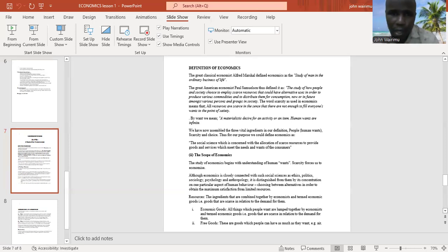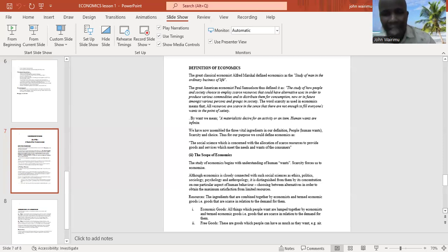Remember, according to Alfred Marshall, economics is the study of man in the ordinary business of life. So the ordinary business of a human being is the struggle to achieve your wants. Therefore, scarcity forces us to economize. For instance, you are receiving a salary of 100,000.